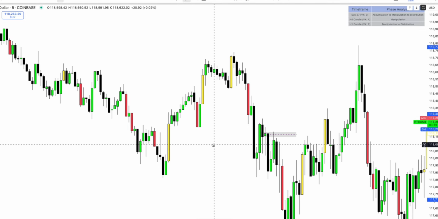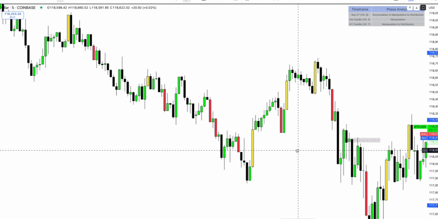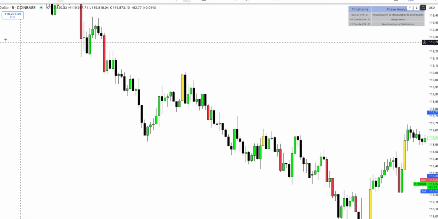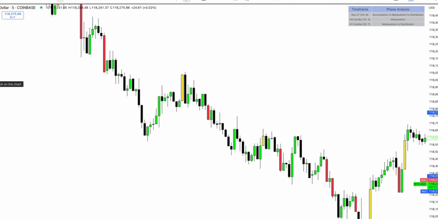Well, here we go. What do we have over here? We have price breaking down, right? Okay. Then what else do we have? We have price breaking down here. But do we have a bearish close? We don't have a bearish close over here.